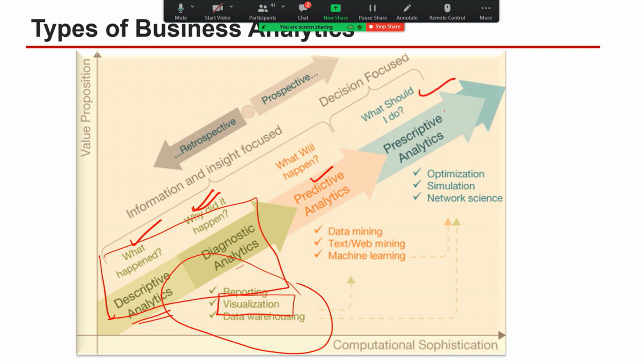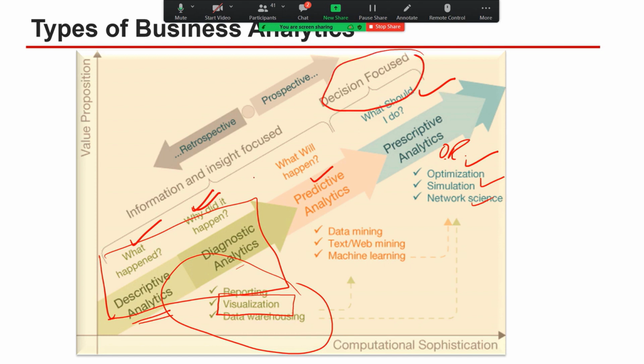When we talk about the optimum decision, we have multiple techniques. That is the major focus of prescriptive analytics: optimization, simulation, network science. Prescriptive analytics is heavily occupied by the subject of operations research, also known as OR. As you can see, prescriptive analytics is basically decision focused, because among the multiple alternatives we are trying to pick the best one.